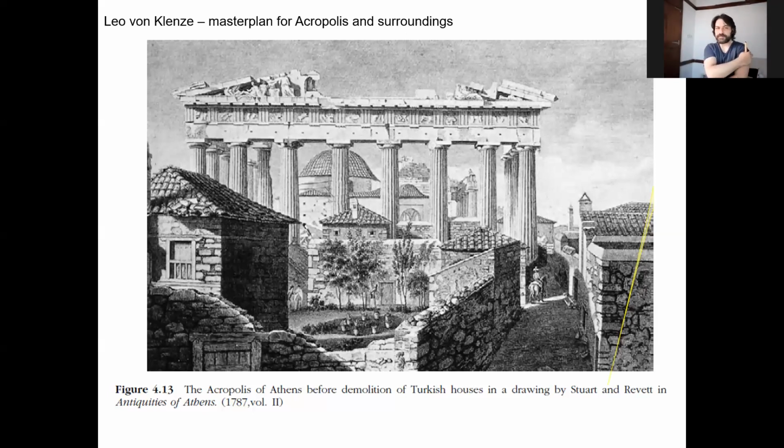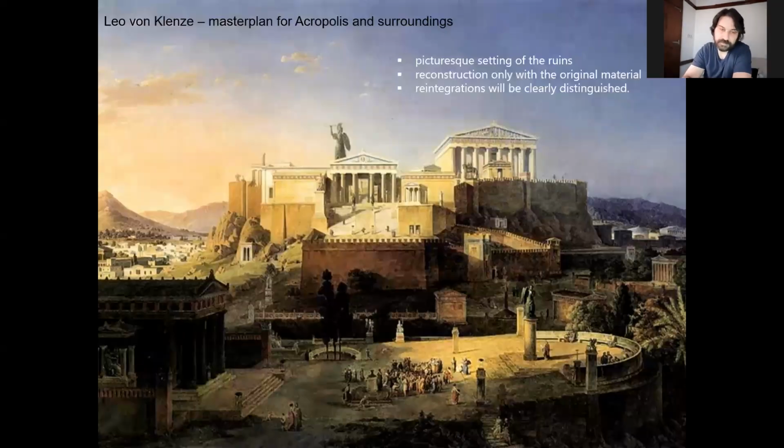You see here, similar to many important buildings in history, this area has been used by other cultures in time, and we see Ottoman houses, Turkish houses built during the Ottoman domination of Greece, built around the Acropolis, so they become together a mixture of Ottoman residential buildings and great antique buildings. And this is a demonstration of Klenze's master plan, complete for the Acropolis and its surroundings.